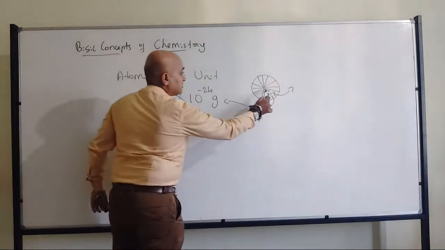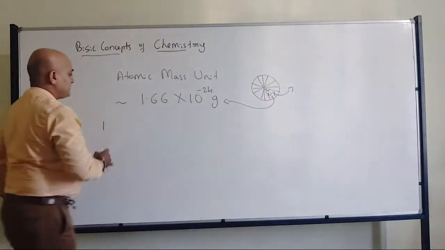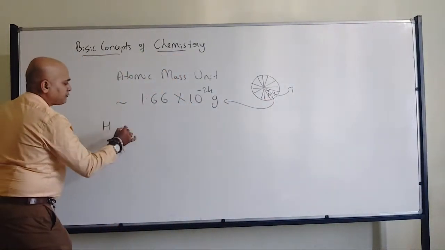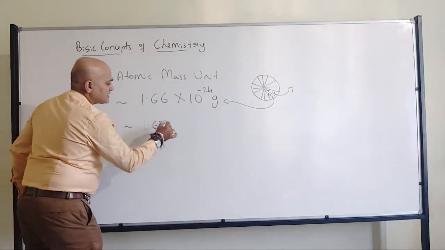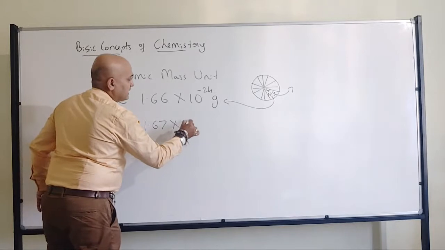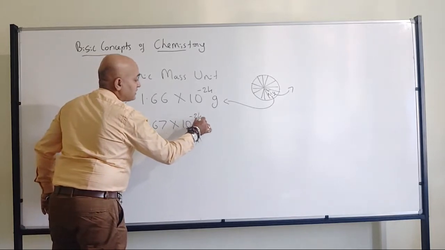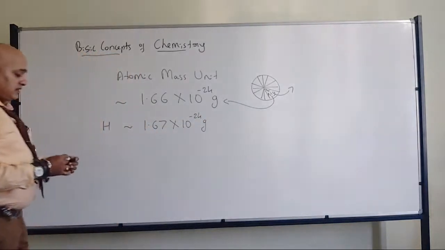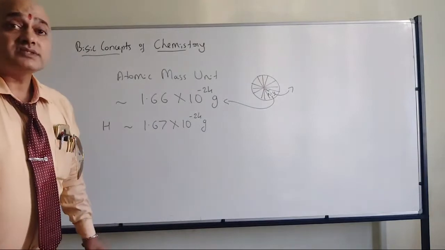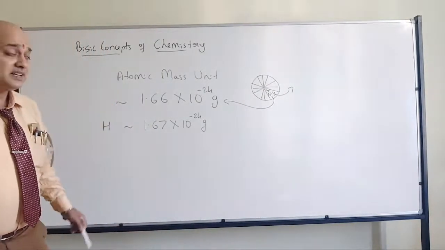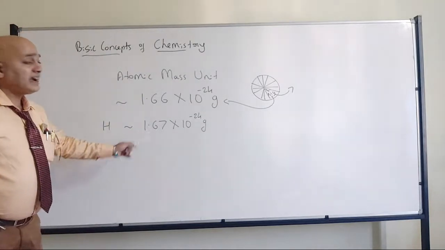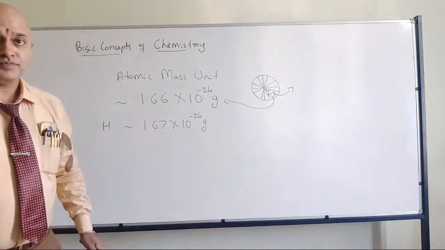That means this portion is the mass. If I take one hydrogen atom, it will weigh somewhere around 1.67 into 10 to the power of minus 24 gram. That is the mass of one hydrogen atom. That is not the atomic mass unit.